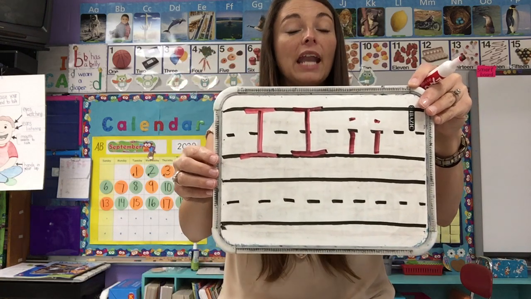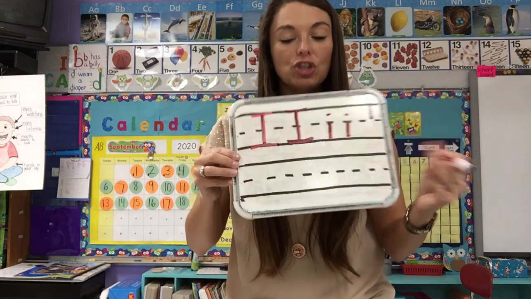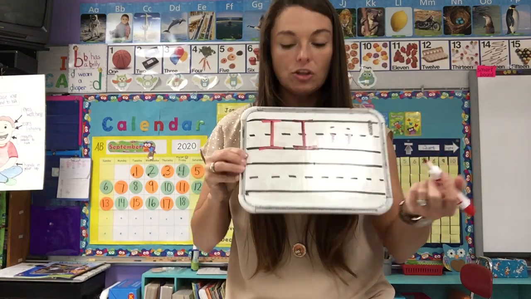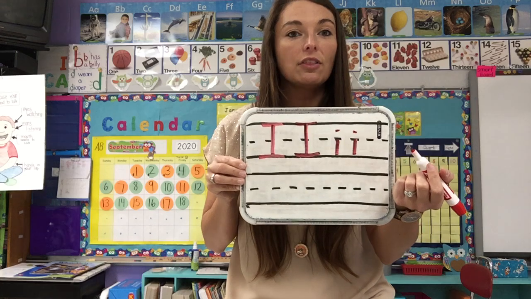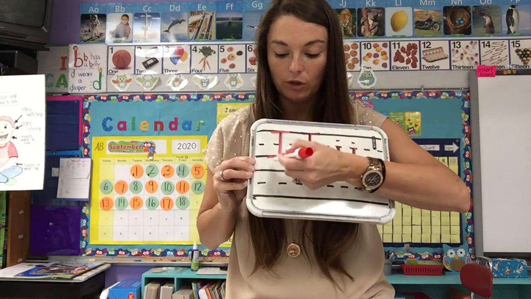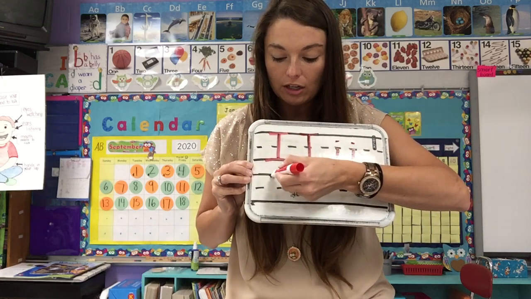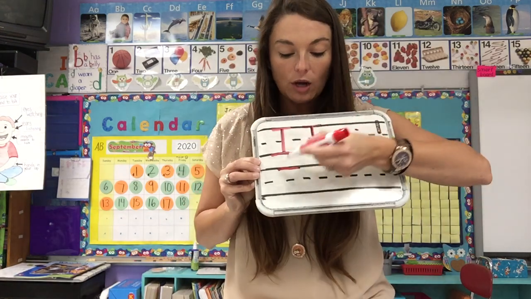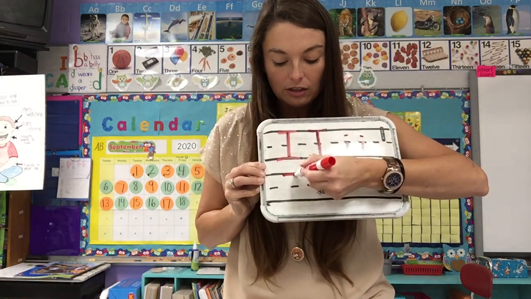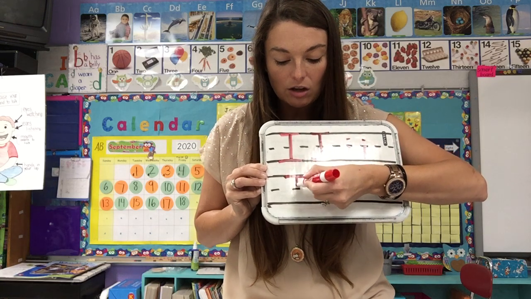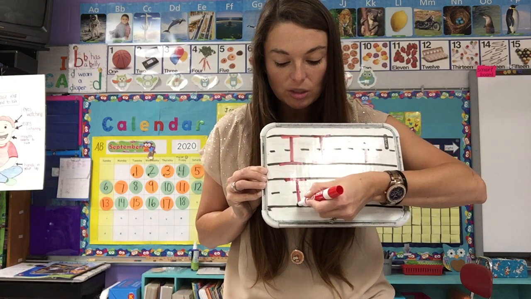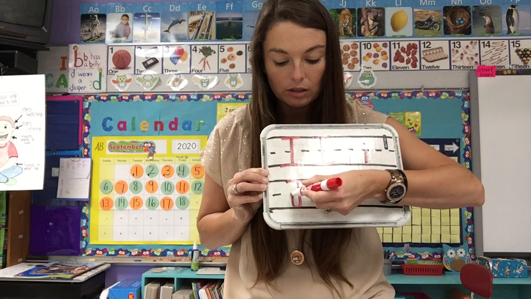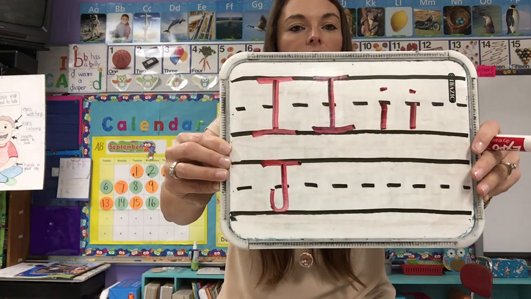Okay? Now we're going to do upper and lowercase J. We talked about the letter J yesterday. So J starts out the same way as the letter I, uppercase. We're going to do a line across on the top, just like that. We're going to go to the middle of that line and make a line down to the bottom, but when we touch the bottom, we're going to do a little hook in that direction.